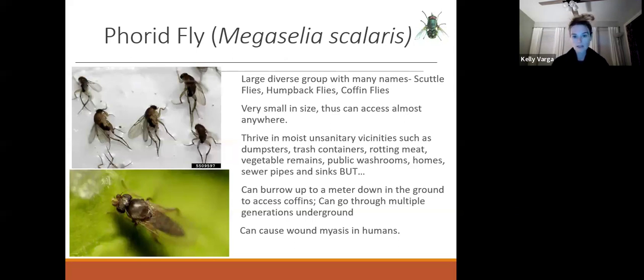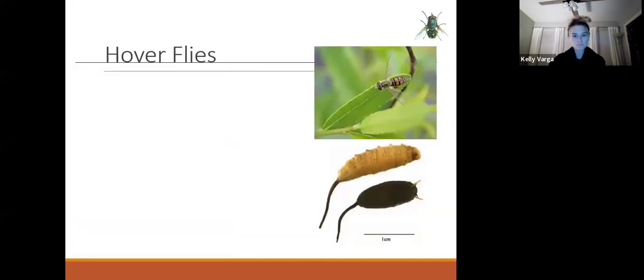They are attracted to unsanitary conditions, anything with that rotting flesh or rotting smell, and wound myiasis. When we mean myiasis, we mean something that is infected, typically by an invertebrate, typically by a fly or something of that classification.